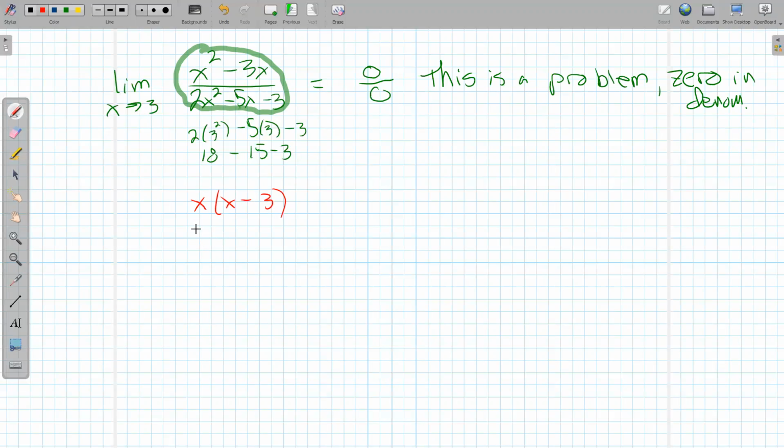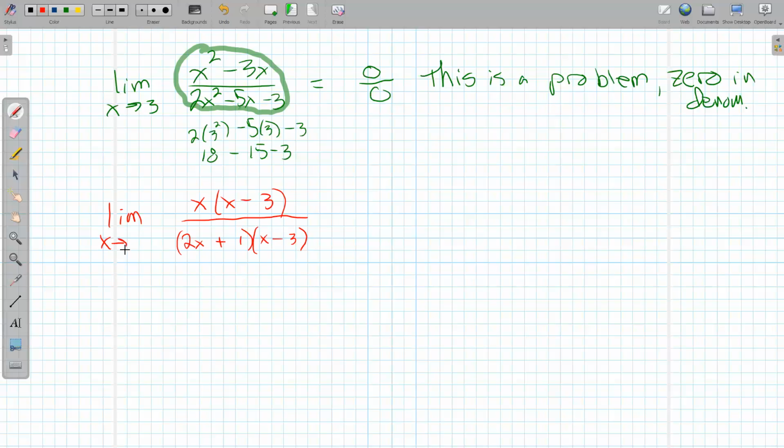And the denominator is 2x times x, and then I think it's going to be a 1 and a 3, a negative and a positive. Does that work? That gives me 2x squared minus 3, and then negative 6x plus 1x, which is negative 5x. Okay, so that's the factorization.